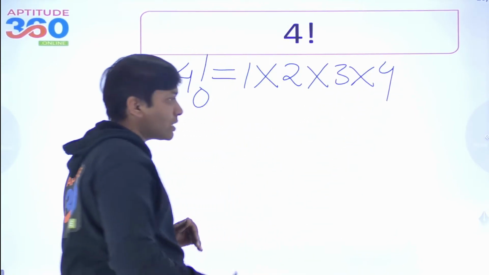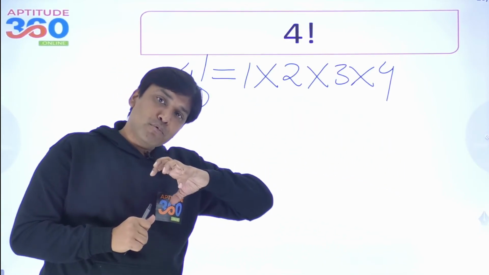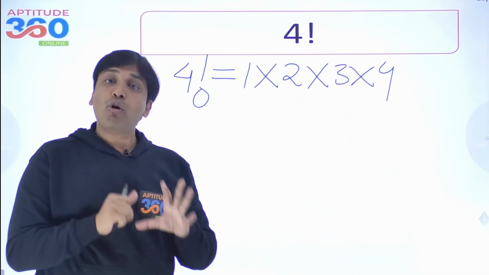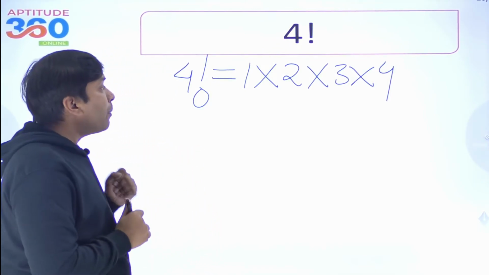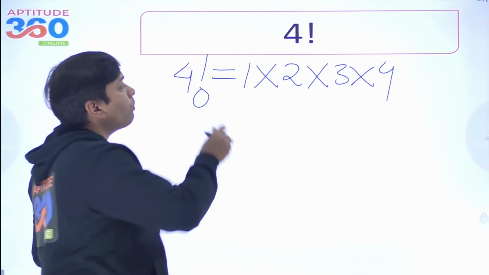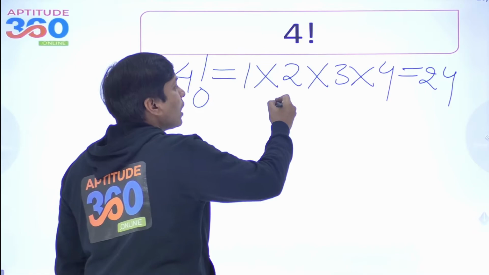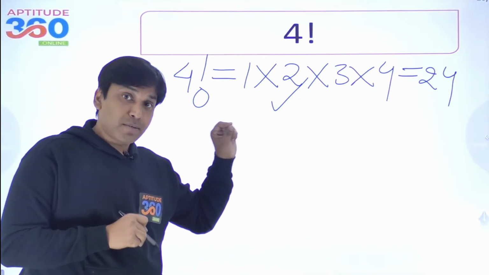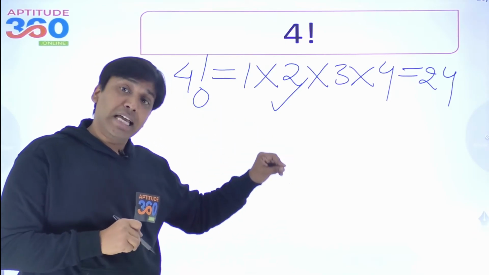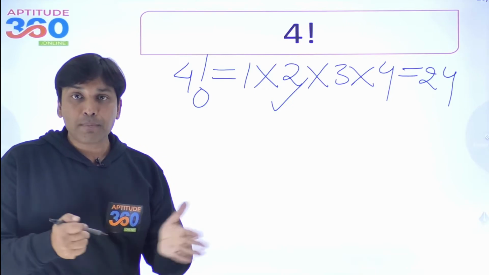So what you do is you start with 1 and till that number आप उन सारे के सारों को मल्टीप्लाई कर देते हो, and that is how you get factorials. Is that okay? अब आप यहाँ पे देखो, अगर 4 factorial को अगर आप मल्टीप्लाई भी कर दोगे तो ये आएगा 24. बट आप यहाँ पे देखो ना, आपके पास में 2 तो है, बट आपके पास में 5 है क्या? आपके पास में 5 तो नहीं है, और अगर 5 ही नहीं है तो फिर 0 कहां से आएगा? तो पूरा का पूरा केस बिल्कुल सिंपल हो गया.